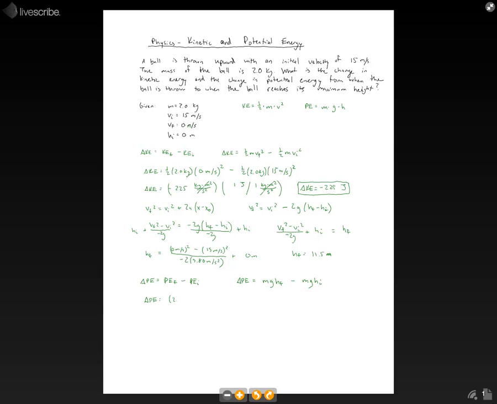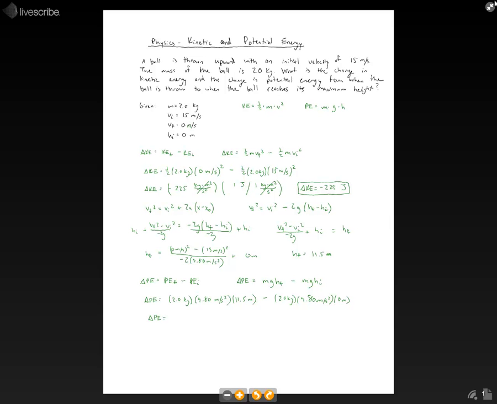So the change in potential energy will become 2.0 kilograms multiplied by 9.80 meters per second squared multiplied by our final height, which is 11.5 meters, minus the 2.0 kilograms multiplied by 9.80 meters per second squared multiplied by our initial height, which we defined as 0 meters. So really that last term, our initial potential energy, should be 0, which makes sense since we're defining it as the ground state.